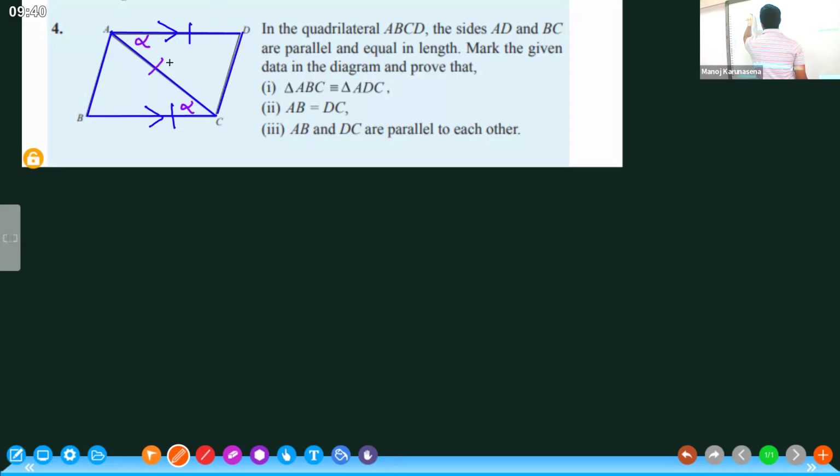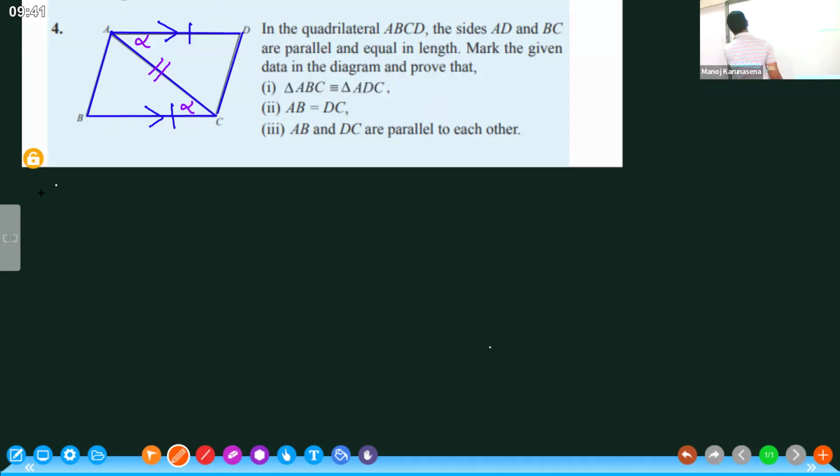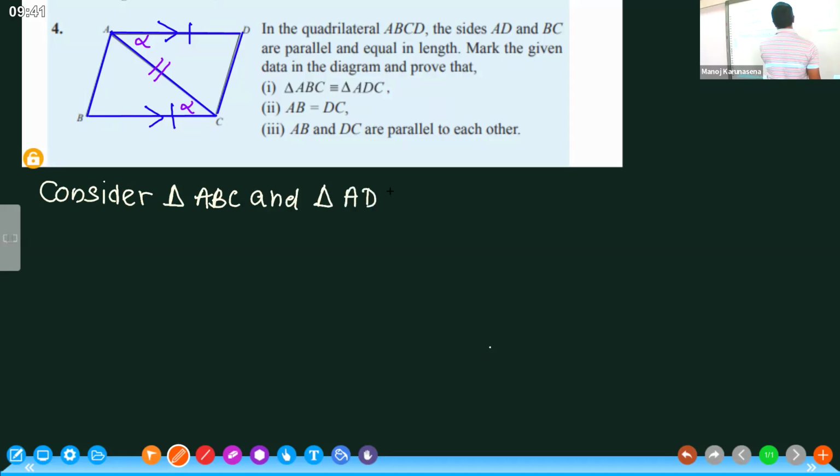Equal. AC side is common for both the triangles. So the two triangles are congruent, not equal, congruent. Consider triangle ABC and triangle ADC.